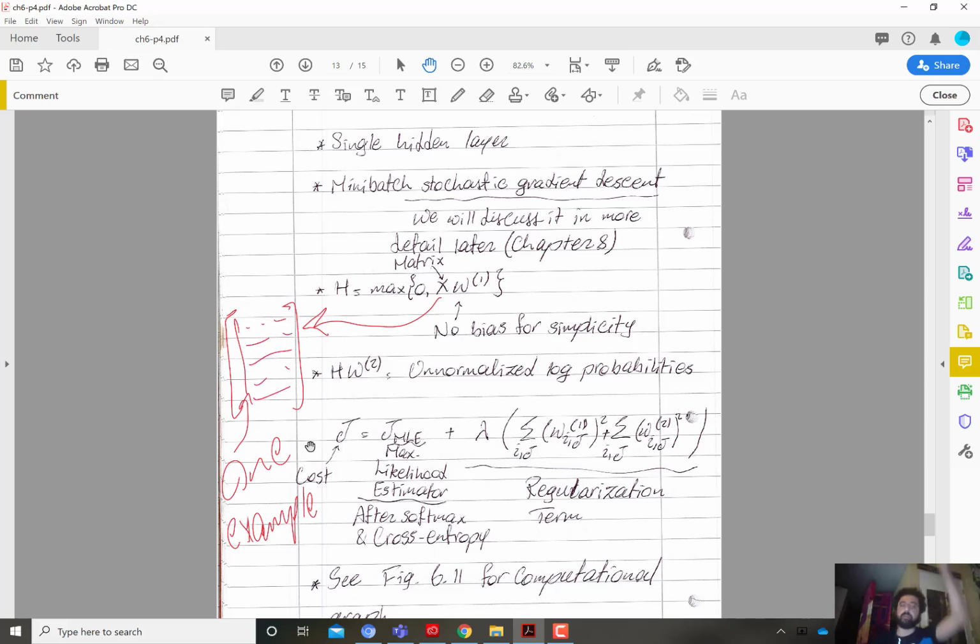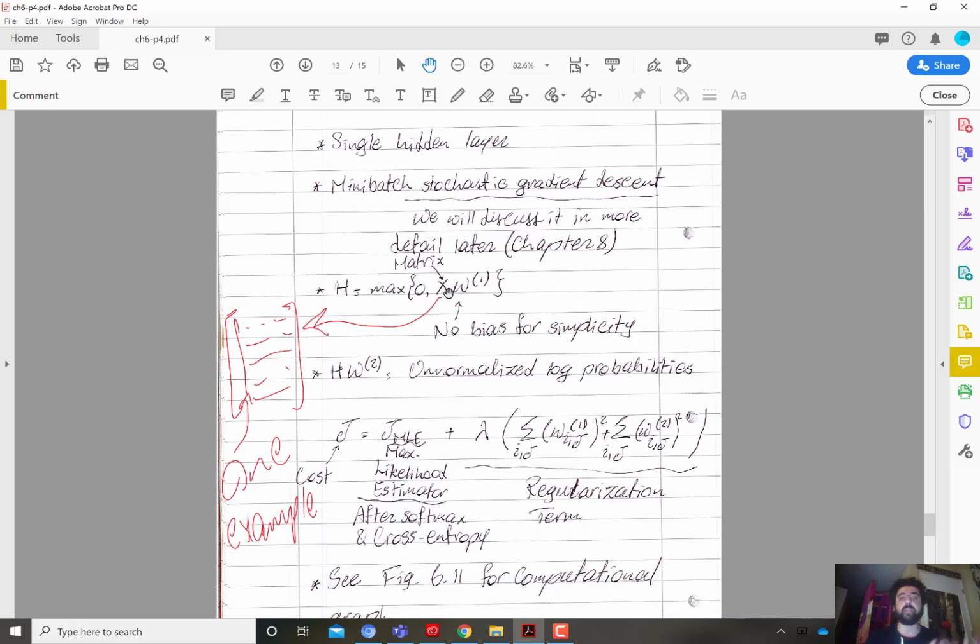Every example is a multi-dimensional vector corresponding to the input neurons of that example, and then you have multiple of these. So now the first layer transformation. Let's assume we just have a single hidden layer for simplicity, and let's assume we also have no bias, again for simplicity.